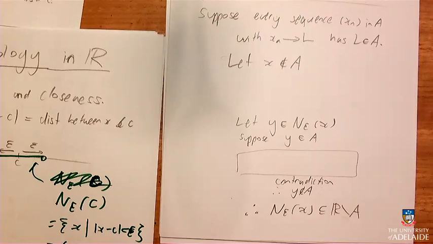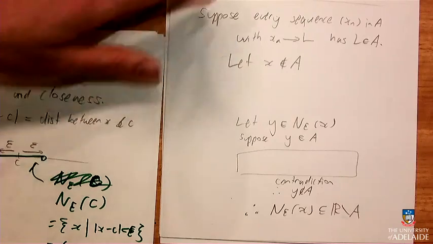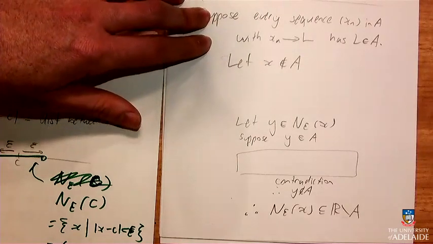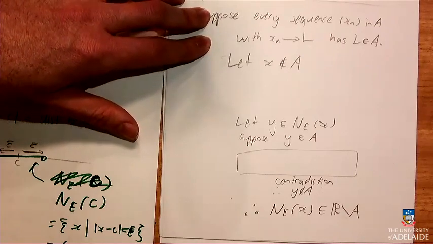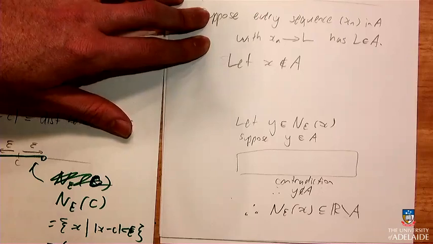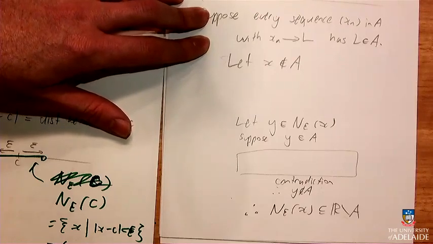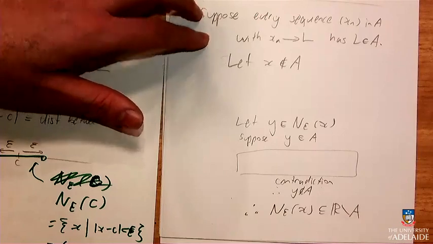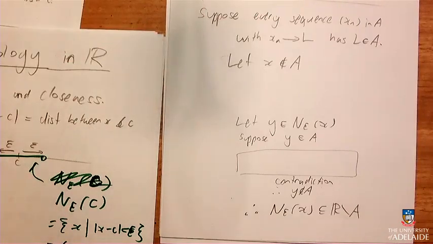No, what? No, I don't know yet. I'm really struggling with this direction. This seems like a good bones for the proof, but I have to use the fact that for sequences that converge to something, that thing is in A. And I don't understand how I'm going to do that.